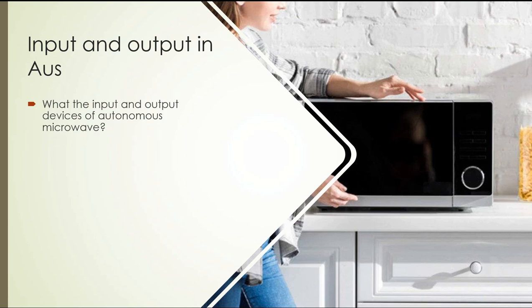Once you close the door, the light can immediately turn off. So the light will be an output device. So we have the door, the light, the weight, and what else?